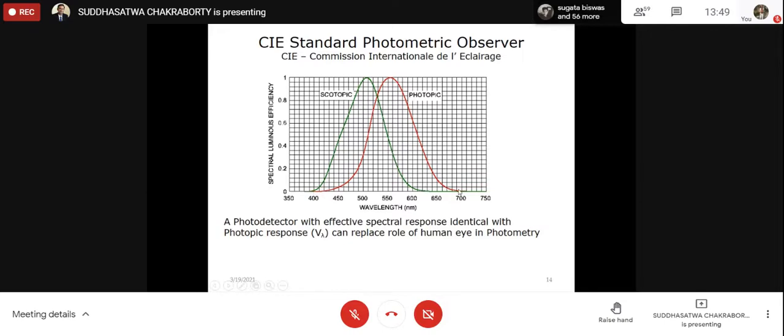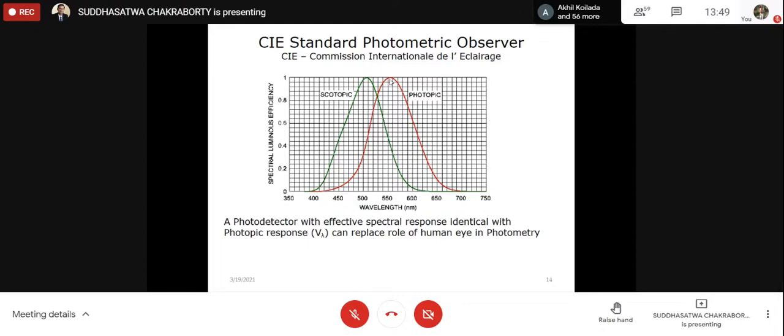On the other hand, if you have a dark condition, your rod cells become more active because your light level has reduced significantly. Under this condition, the curve shifts from the red to the green one. This is what we call the scotopic curve. It is also a human eye characteristic curve.